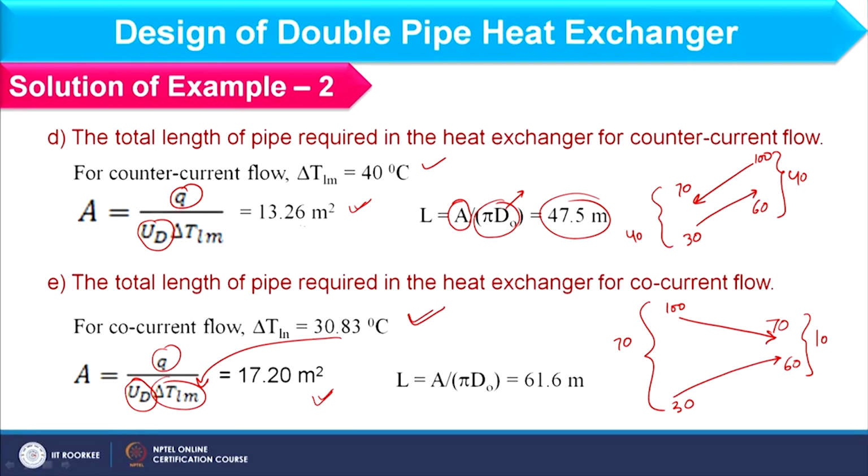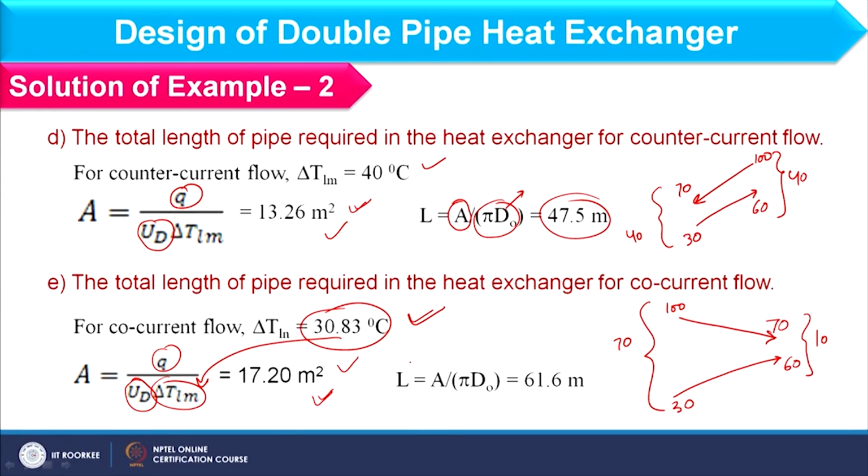Okay. Now, when you compare the area of counter current flow and co-current flow, we have more area requirement in co-current flow, and the reason is very simple, that mean temperature difference is less in this case and therefore area of heat exchanger increases.